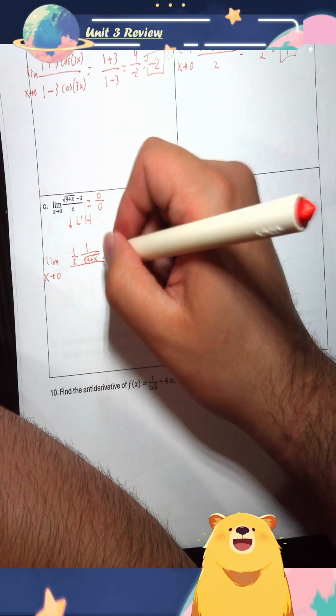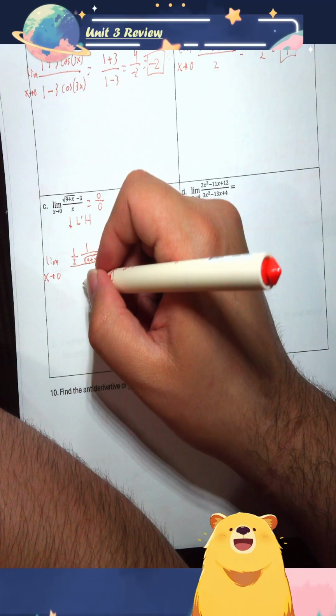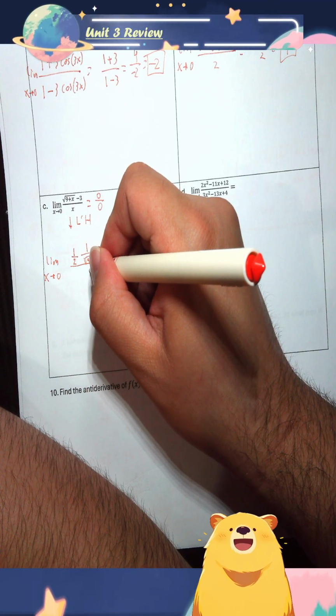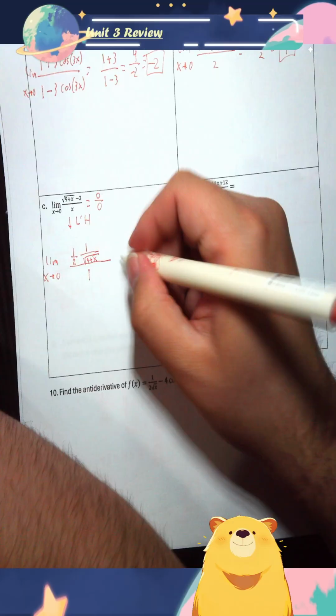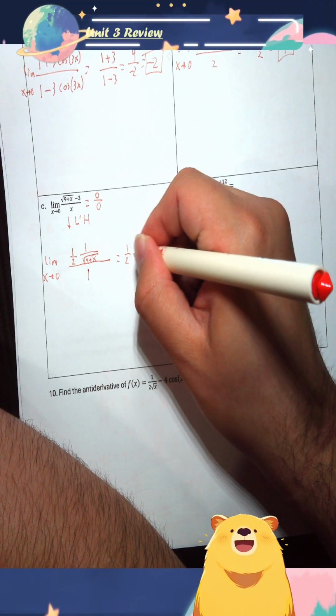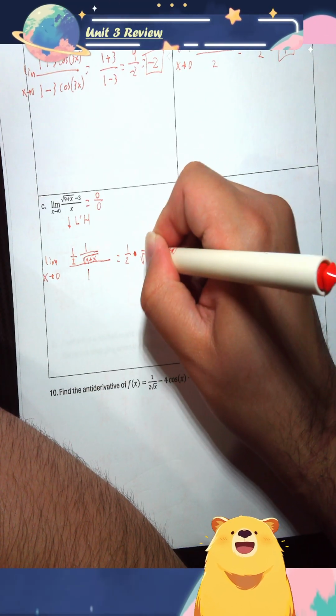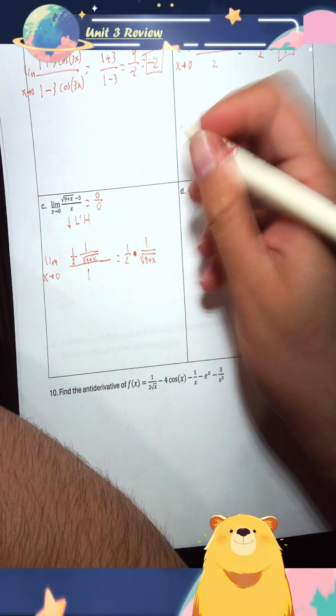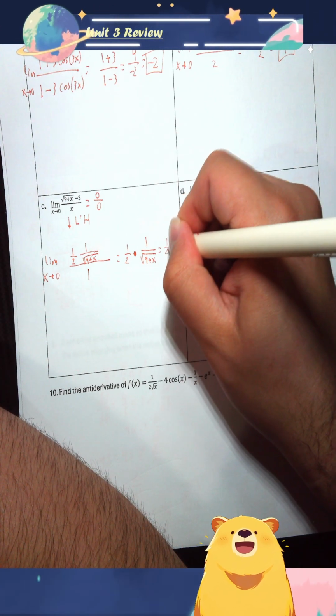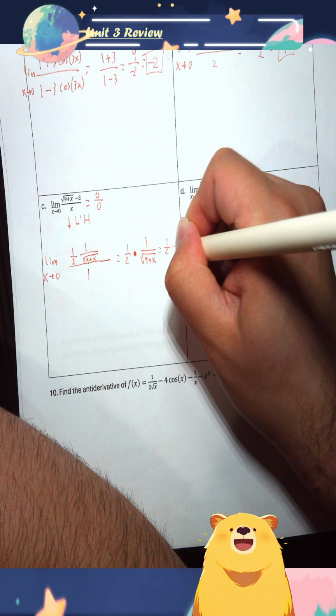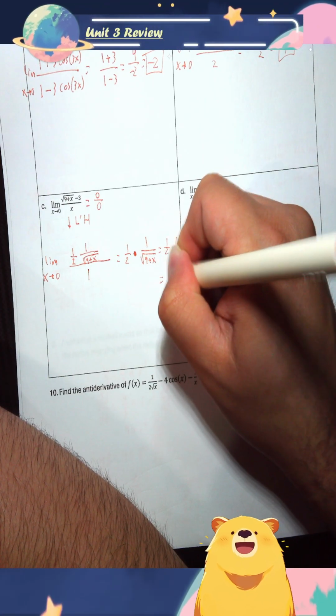And then the derivative inside is just 1, so we don't have to worry about that. And this is also just 1. So I get, simplified, 1 over 2 times 1 over the square root of 9 plus x. We can plug in a 0, and we'll get 1 over 2 times 1 over 3, which is 1 over 6 as our final answer.